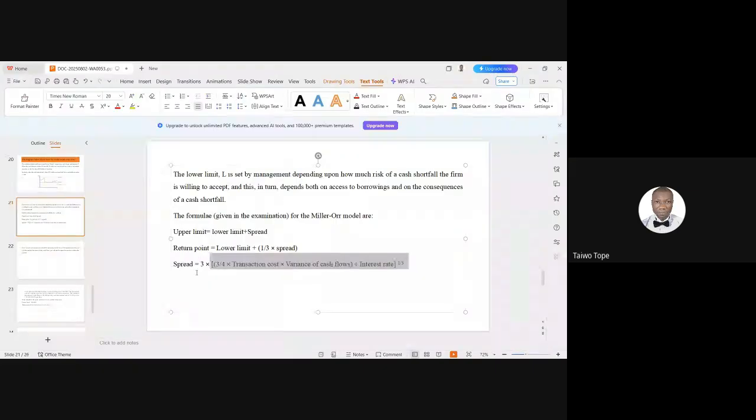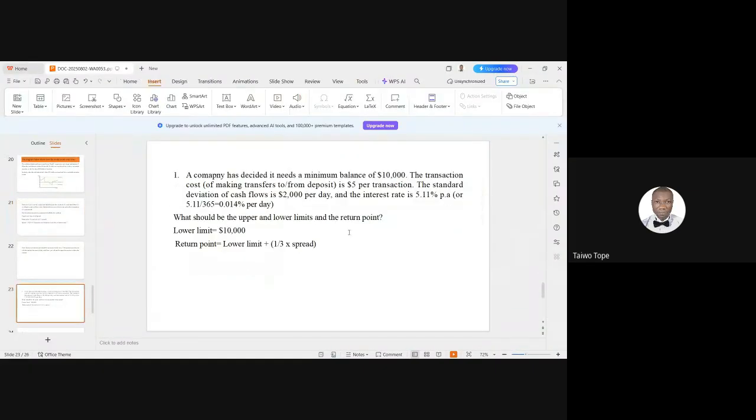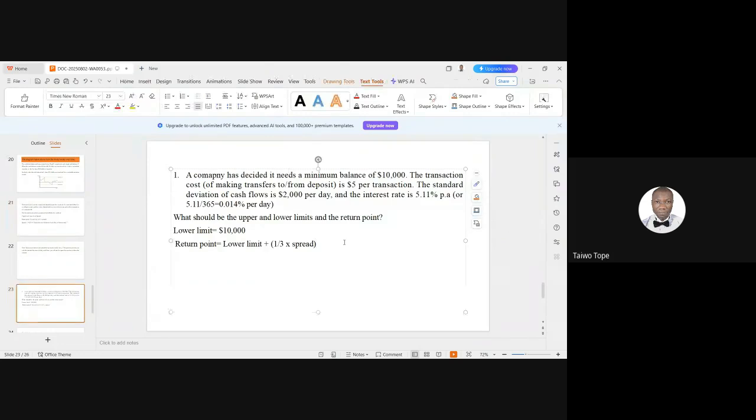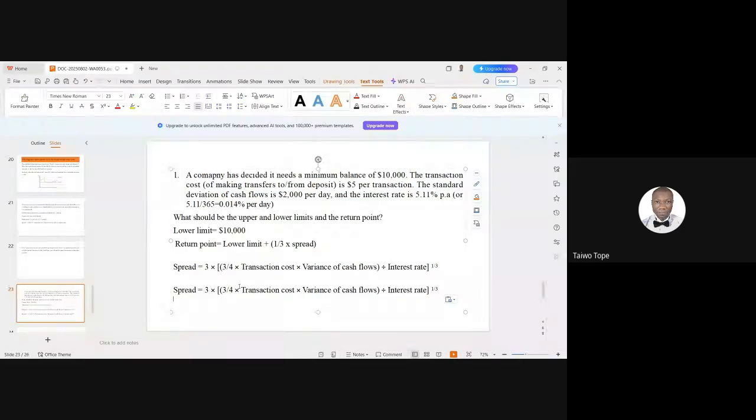This is the spread formula. To get our spread from the question, let me paste this again. 3/4 is constant, as the formula provides. The question we have to ask ourselves, what is the transaction cost from the question?